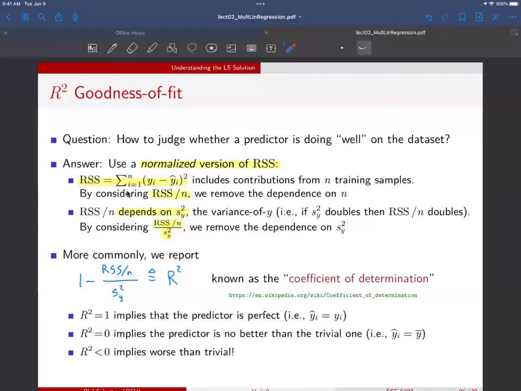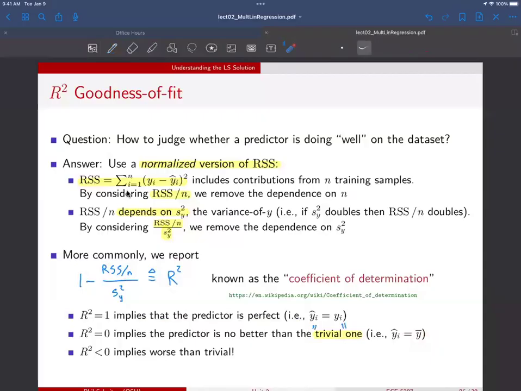But the next question is how small can R squared get? One idea we can think of is what I call the trivial predictor. What the trivial predictor does is it ignores the features entirely. It just says, I'm not even going to look at the features for prediction, but I am going to use the labels. And my prediction for every training label is just going to be the average value of all the training labels.